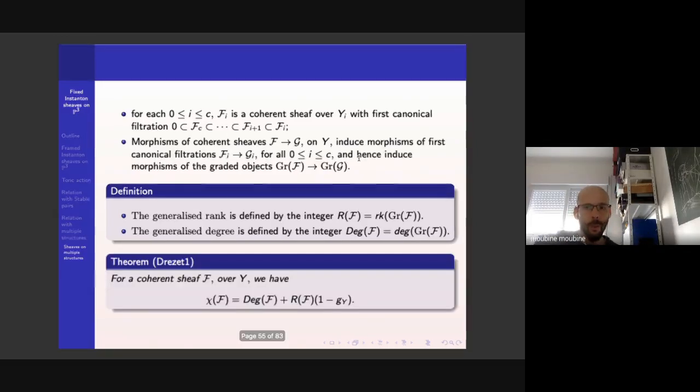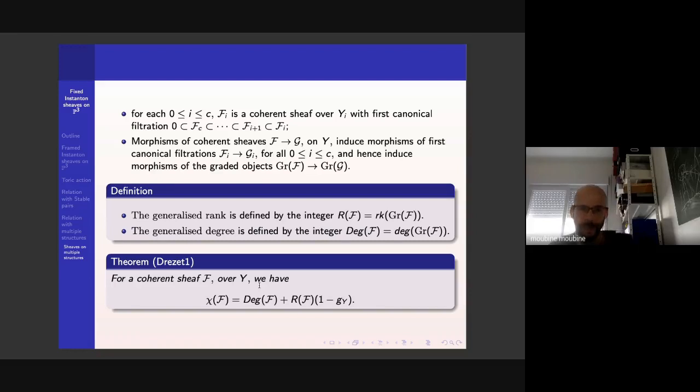Okay, so with these two invariants, one can have a generalized Riemann-Roch formula in this case, proved by Drézet.